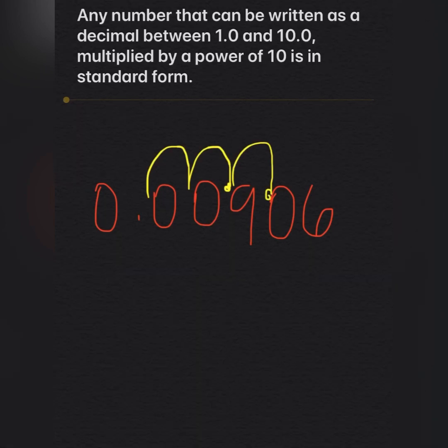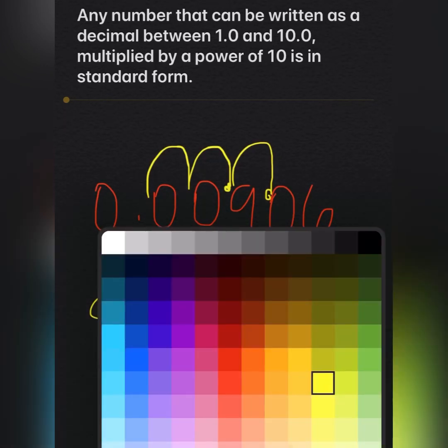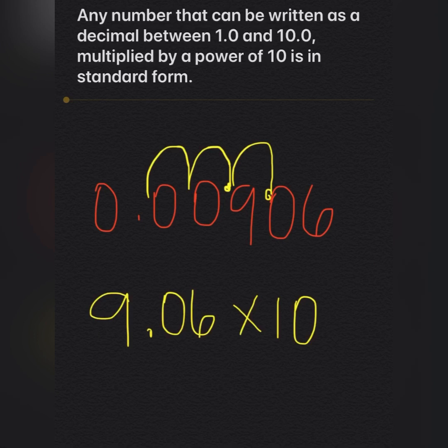Now we have 9, which is between 1 and 10. So we write down the number: 9.06. It's always multiplied by 10 to a power. How do we know the power? We count: 1, 2, 3. Because we moved to the right, the power is negative. So we have a negative 3.